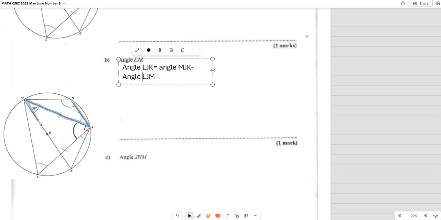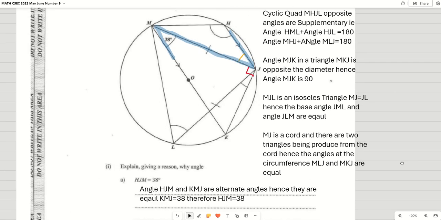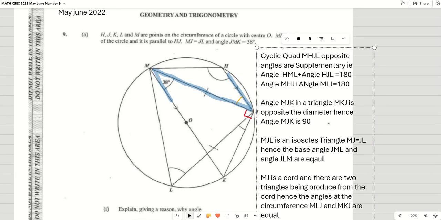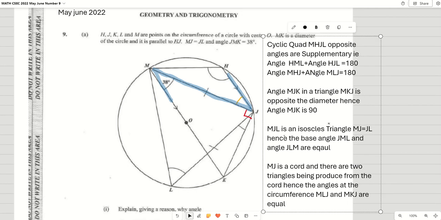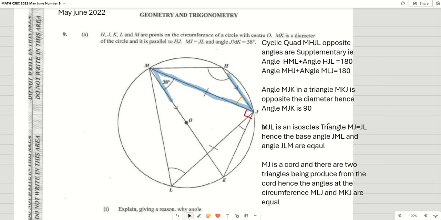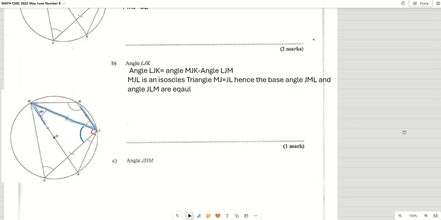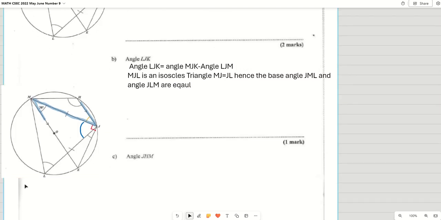Now we said in the beginning that, undo that, we said this part. We said that triangle MJL is an isosceles triangle. Hence, this angle here and this angle here are equal.